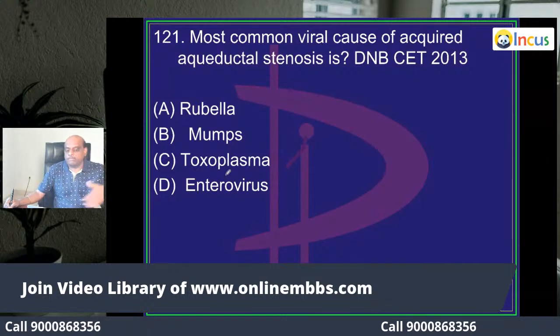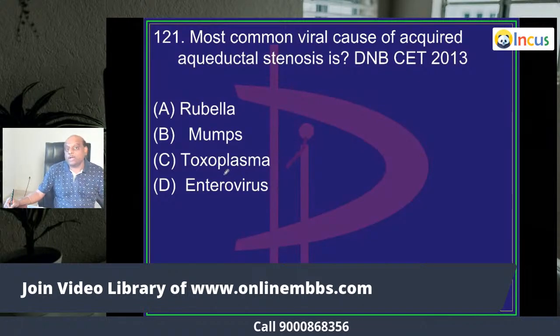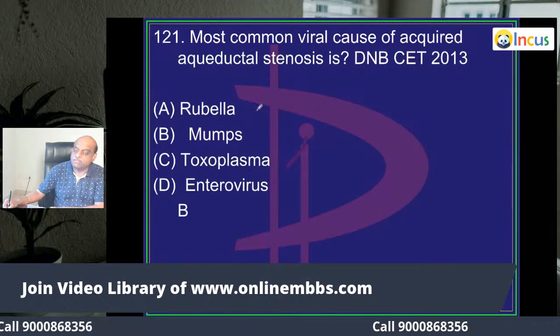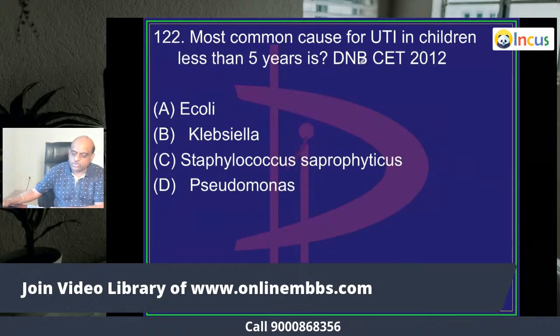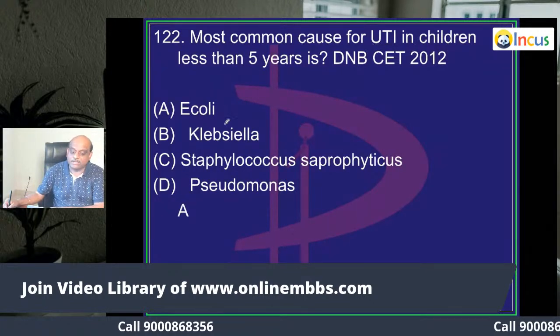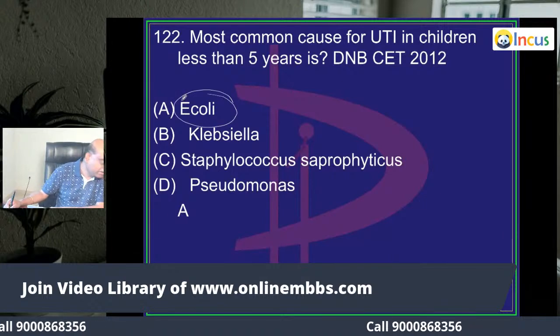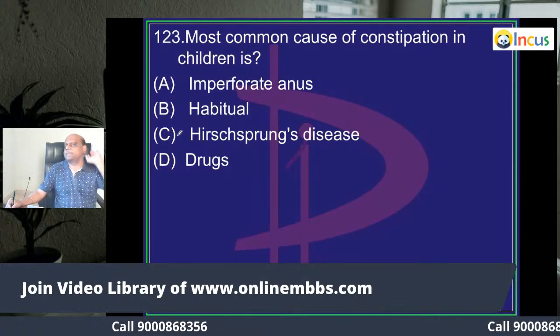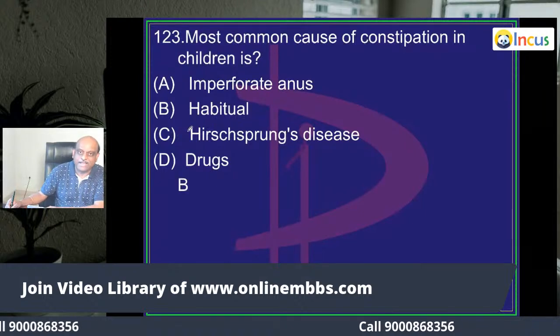The most common viral cause of acquired aqueductal stenosis is mumps. The most common cause of UTI in children less than 5 years is E. coli. The most common cause of constipation in children, habitual.